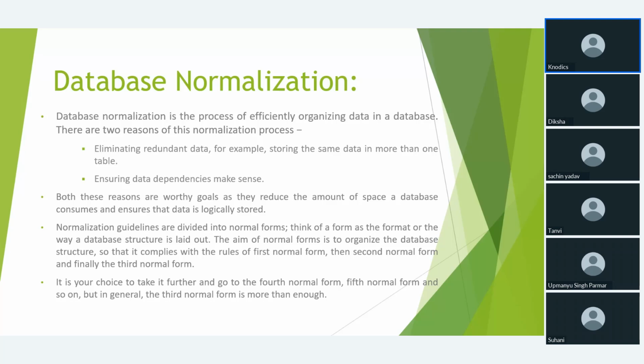Both of the reasons we discussed above are really important to reduce the overall size of the database and improve the access level, so that all things can be easily accessible, right? There are multiple normal forms: first normal form, second normal form, third normal form, BCNF normal form. All those things are there.